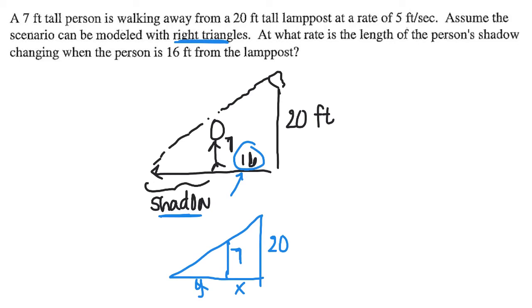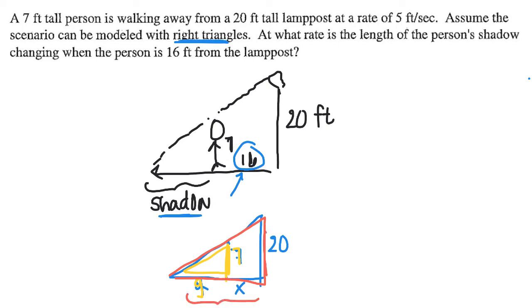So I'm going to set up something that looks like this, and I would use proportions. We've got 2 triangles. Let me go ahead and highlight the 2 triangles we have. We have this triangle inside here with sides that we know of 7 and y. But then we also have this big triangle out here, and that one is made up of sides 20 and x plus y.